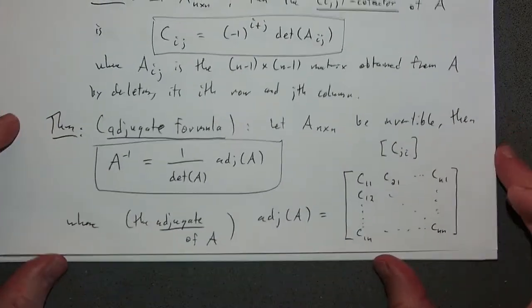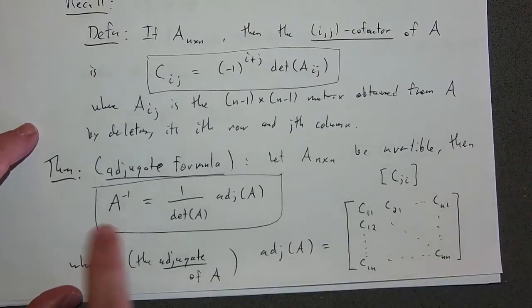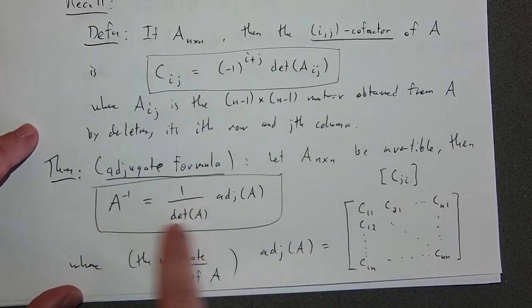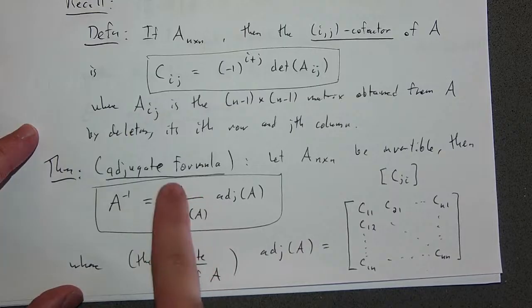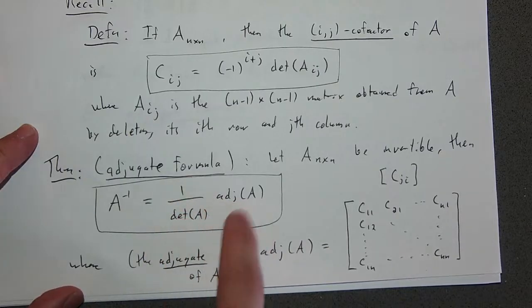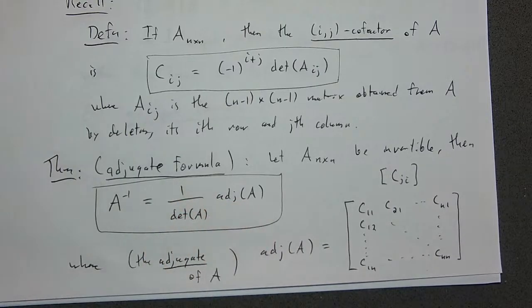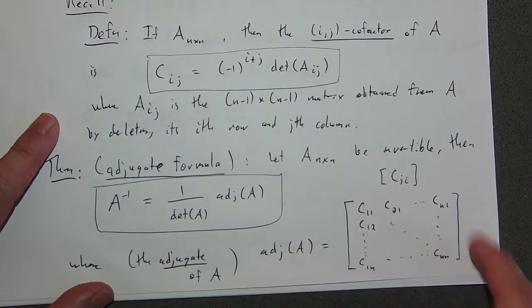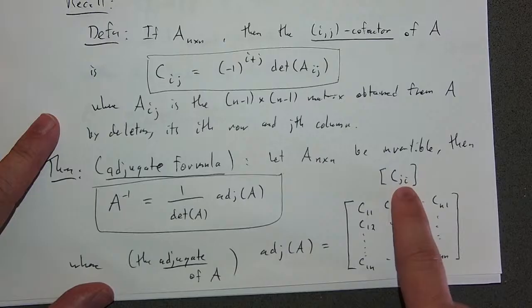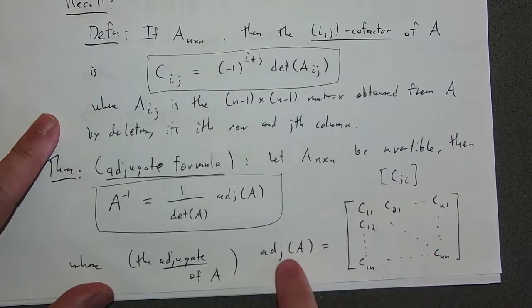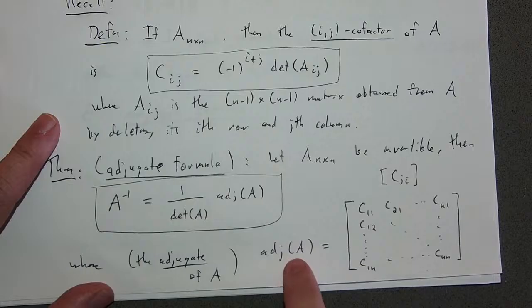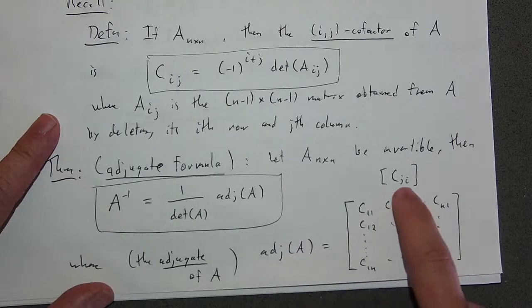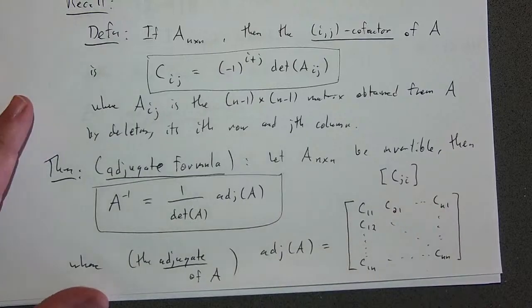The adjugate formula is this statement, which is A inverse can be written as 1 over the determinant of A. Remember, this is a scalar, so it's this scalar, 1 over the determinant, times the adjugate of A, where the adjugate of A is the matrix of cofactors where the entries are swapped, in the sense that the ijth entry of the adjugate matrix is C sub ji.